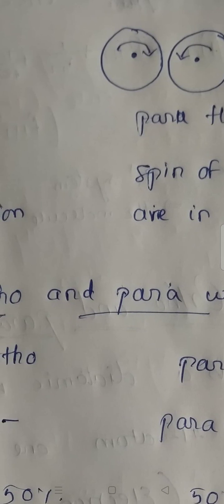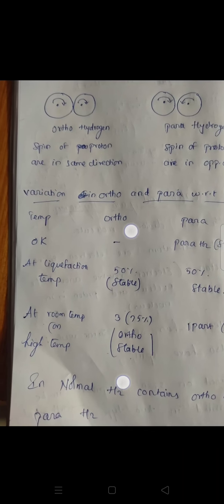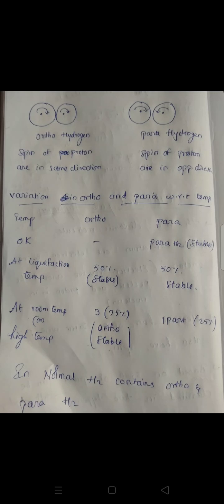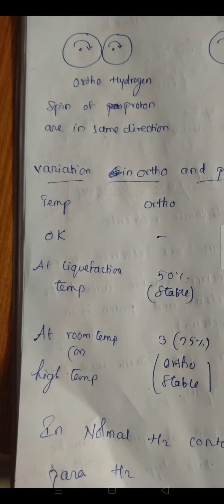Now let us see the variation between ortho and para with respect to temperature. At 0 Kelvin, ortho is not stable; para is completely stable. At liquefaction temperature, both are stable at 50%.